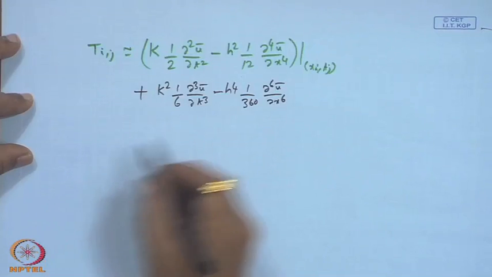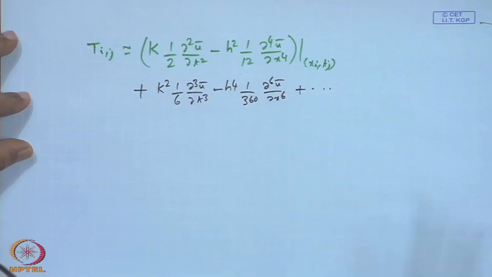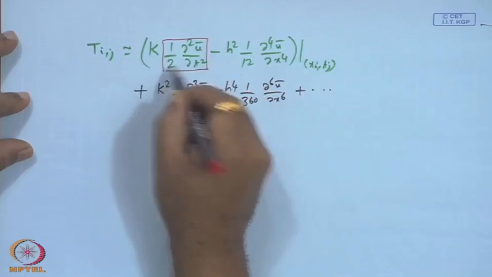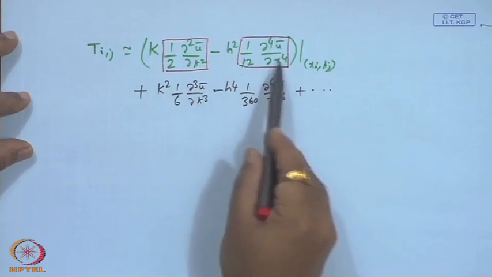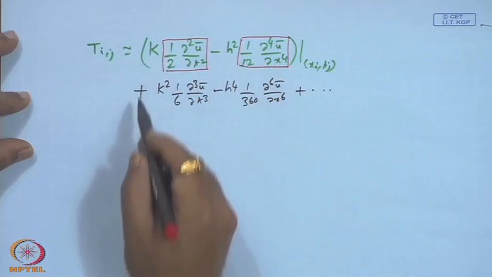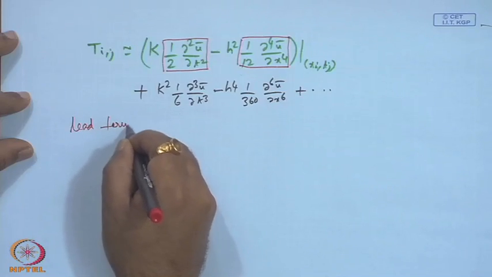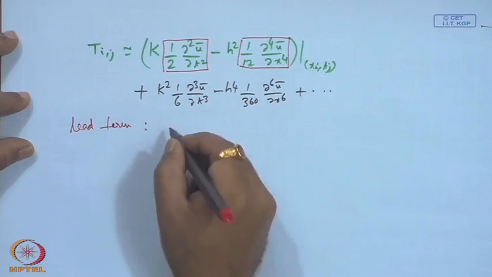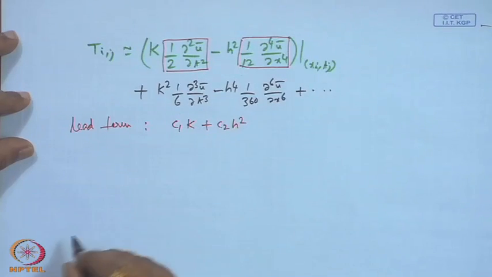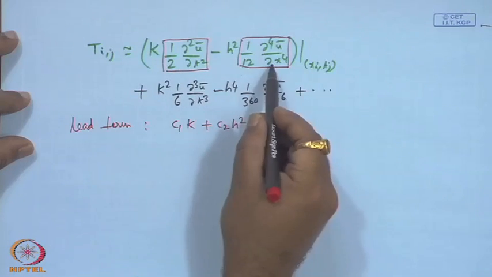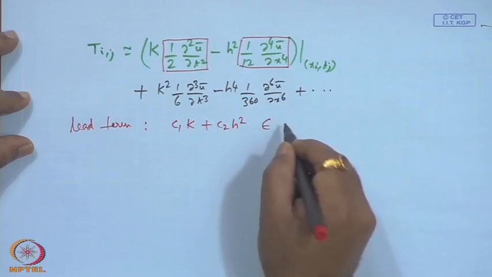Now, when we evaluate this quantity, it reduces to some specific value. So, the leading term becomes some C 1 k plus C 2 h square, assuming this is C 1 and C 2.